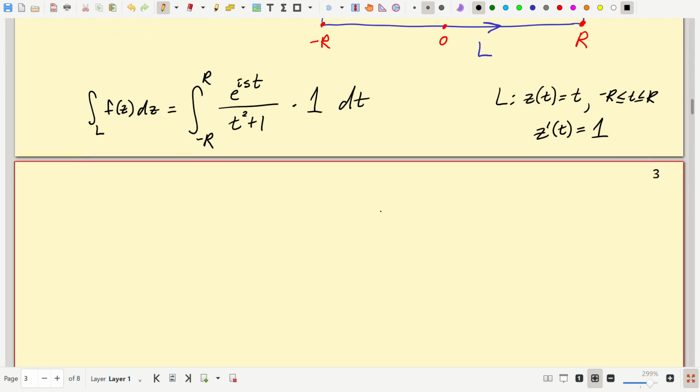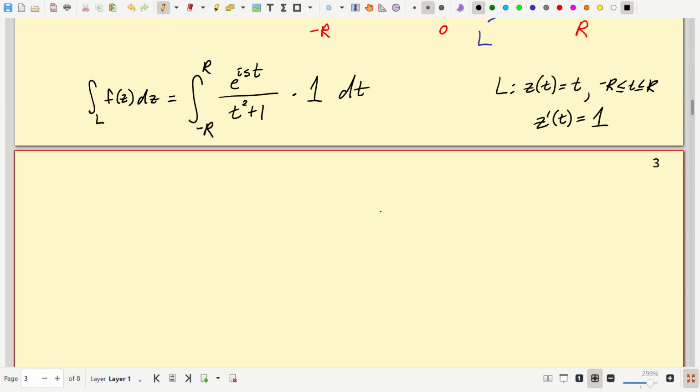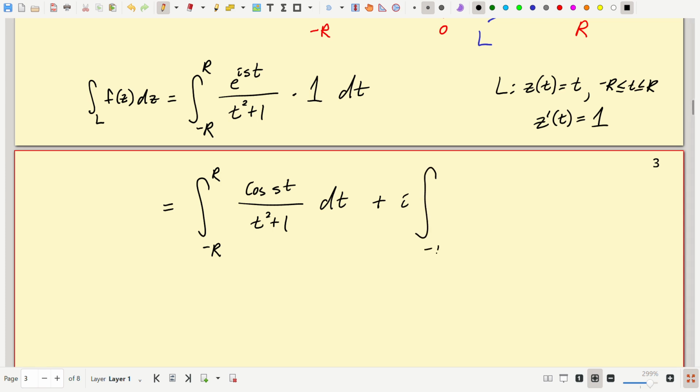And e to the i s t is cosine st plus i sine st. So that's equal to the integral from minus r to r of cosine st over t squared plus 1 dt, plus i times the integral from minus r to r of sine st over t squared plus 1 dt.